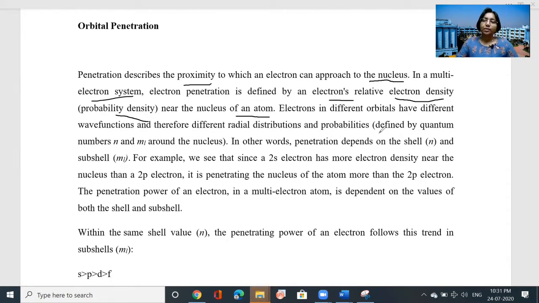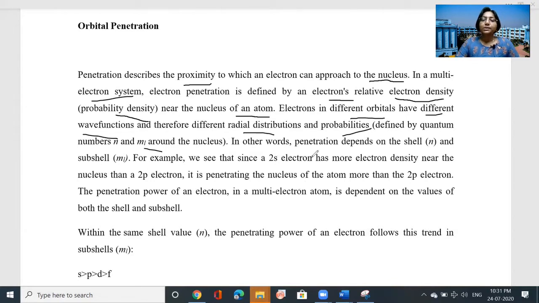That means the electron may remain very close to the nucleus, or far from the nucleus. Electrons in different orbitals have different wave functions and therefore different radial distributions and probabilities around the nucleus, defined by quantum numbers n and ml.